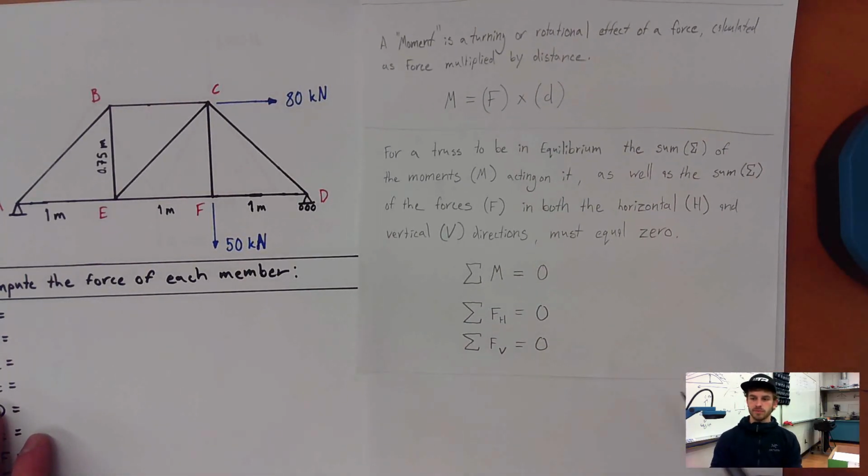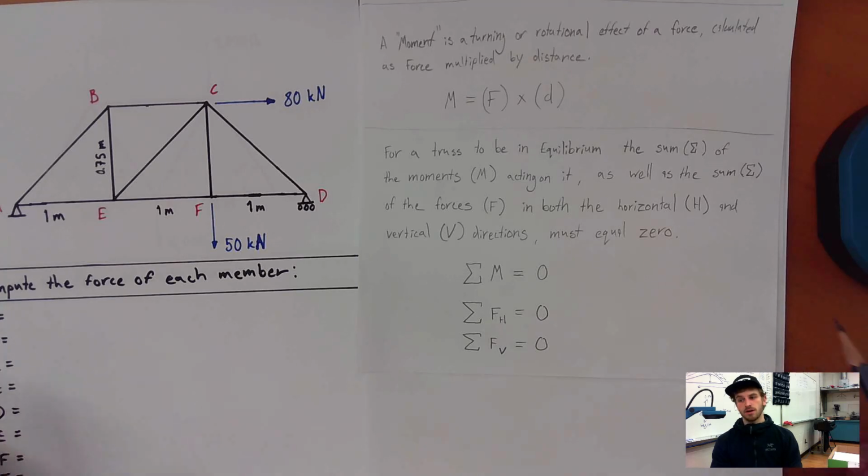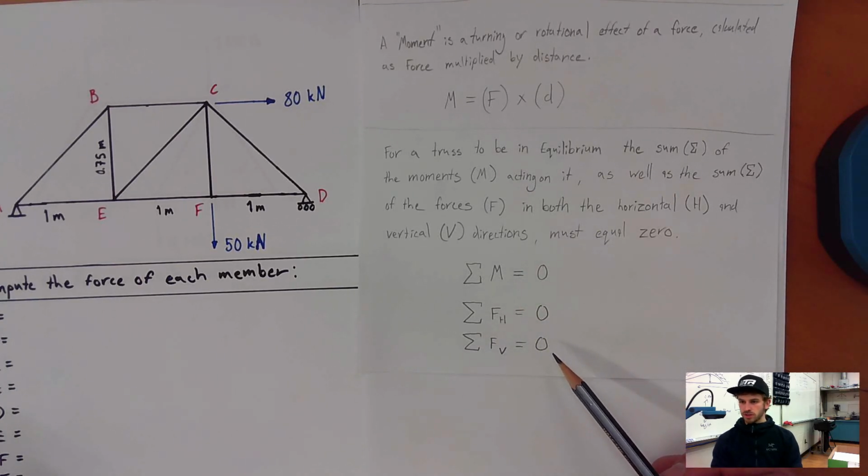If we keep going down, we want to make sure our truss is always in equilibrium, because otherwise our calculations are wrong. The sum of the moments, the sum of the horizontal forces and the sum of the vertical forces must always equal 0, and then our truss is balanced.